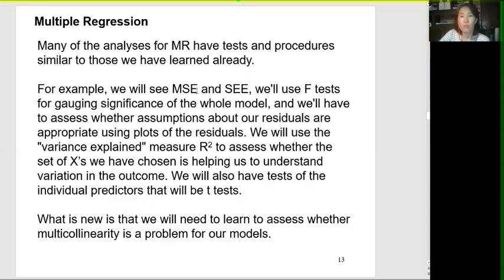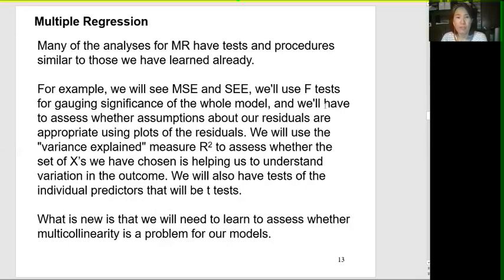Once you take the root of MSE, you get SEE. We covered this before, so go back to the video if you want to know more about this.